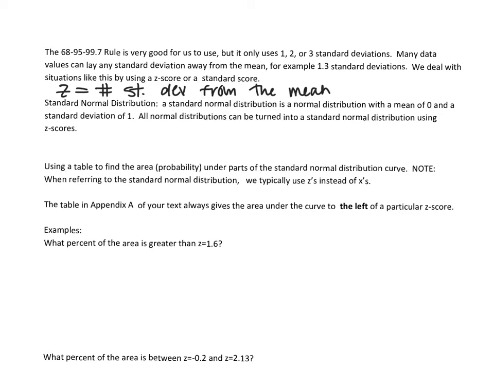In the table that you were given, we're only talking about area to the left of a particular z-score. To the left means always less than a certain z-score. So we have to pay close attention to whether we're talking about above or below a certain z-score, so we know what to do with our percentages.